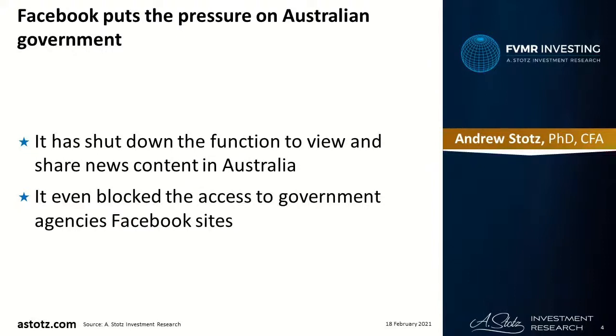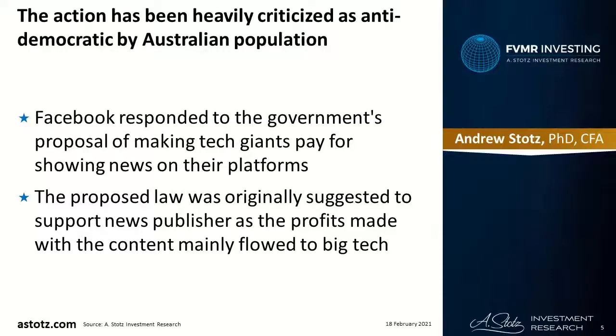So why did they do it? Well, it's been heavily criticized as anti-democratic by the Australian population. Facebook responded to the government's proposal of making tech giants pay for showing news on their platform. The proposed Australian law was originally suggested to support news publishers, as the profits made with the content that they're creating is mainly flowing to big tech.